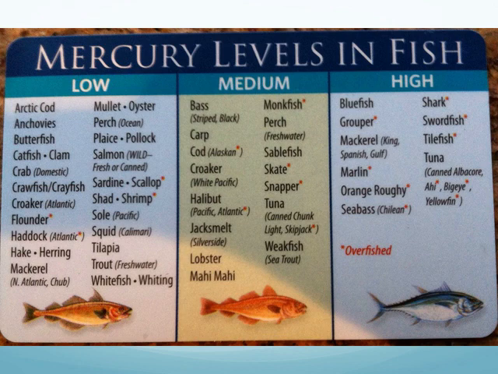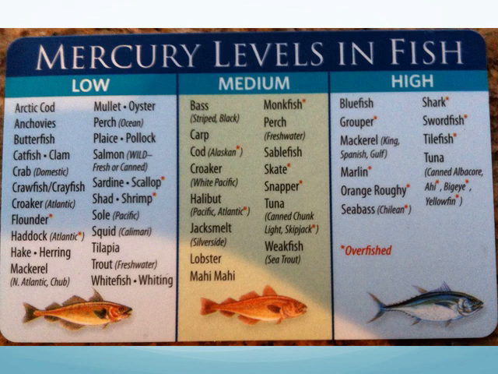And then the high category, you definitely do not want to be eating these fish more than once a week at the most, because these guys tend to eat the medium and low fish categories. So they'll eat any other fish, so they tend to have a much higher concentration of mercury within their meat.